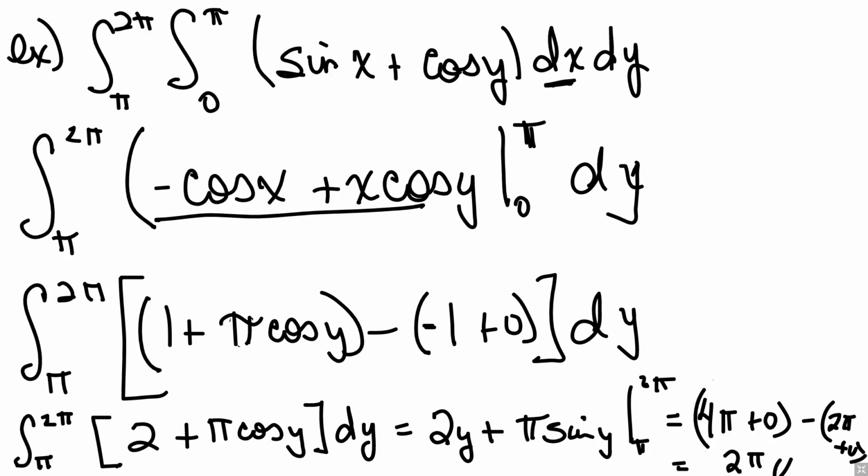So that would be treated as a constant. It's the same principle as when we are doing partial derivatives. If we're doing the partial derivative of xy with respect to y, that means x is a constant. It would be treated as a constant. So same principle. Okay, thank you.